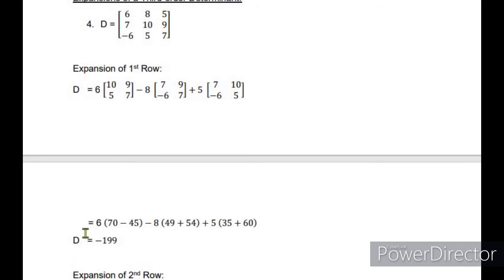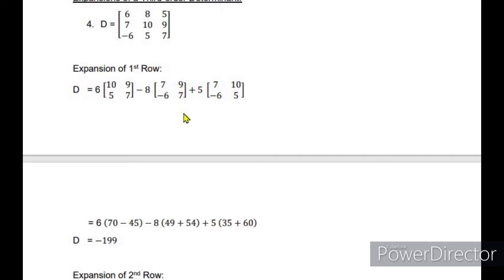So it is equal to 6 multiplied by the difference of the product of the diagonal elements. So 10 times 7 is 70, minus 5 times 9 is 45, minus 8. So 7 times 7 is equal to 49, minus -6 times 9 is -54.